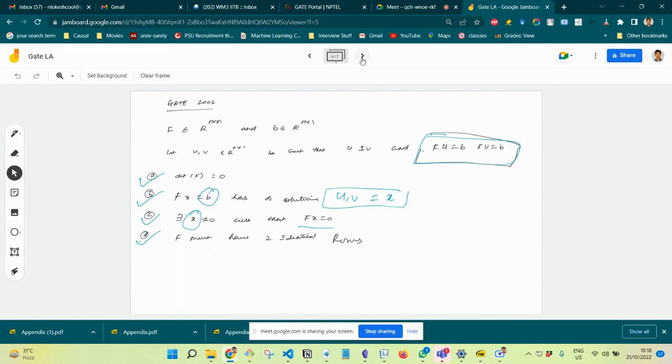We don't need a constraint that two rows should be identical to each other. Now this condition is false, right? It is not necessary, to obtain infinitely many solutions for a matrix F, that two rows should be exactly identical. That is not at all required, right? That is why option D is incorrect. So in this question they are asking to identify the false statement. Answer is D. D is false.